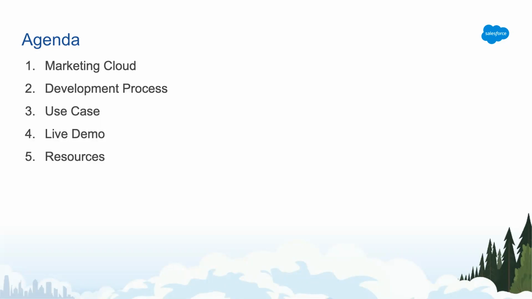And I will introduce a use case, which is the most common use case that we all go through for every account that we have. And I'll do a live demonstration of that and how to develop that. I'll also be sharing with you some cool resources that I've stumbled onto over the past few years while looking for some resources for Marketing Cloud. Right?